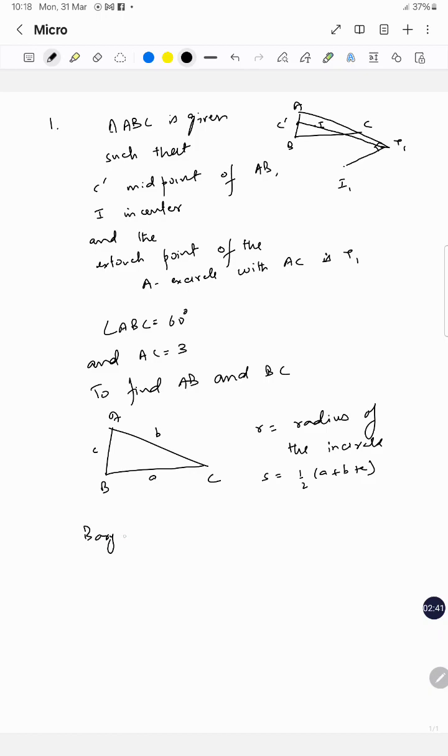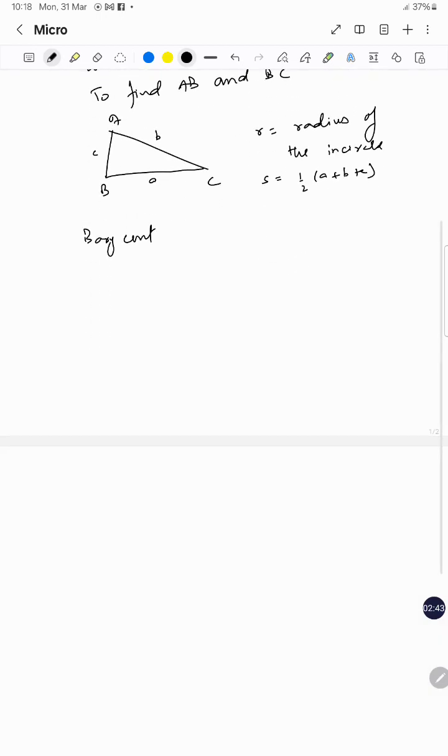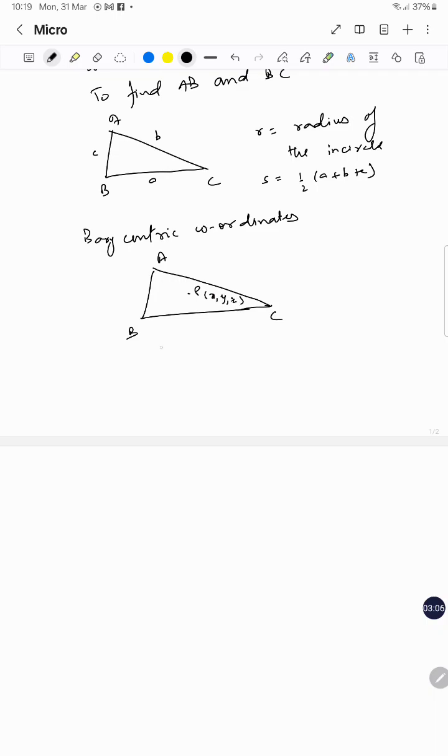Barycentric coordinates. Suppose there's a point P in the plane of triangle ABC, and let's call the coordinates of P x, y, z. So x is defined as the area of the triangle PBC, with the orientation of the area in the anti-clockwise direction, upon the area of triangle ABC.